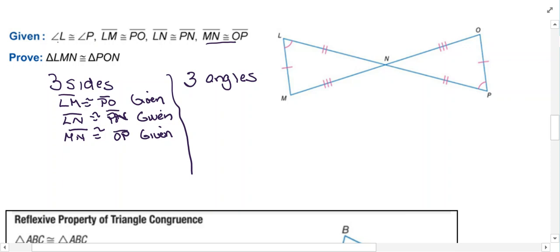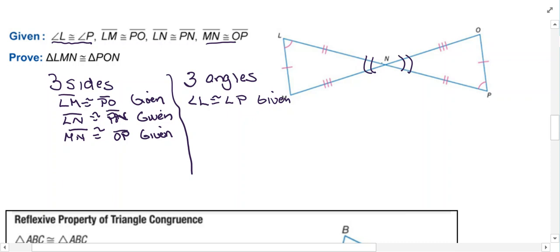Looking at the angles, I have that angle L is congruent to angle P, and that was given. I also know by vertical angles that these two angles are congruent. Now to list it, I'm going to have to use all three letters.